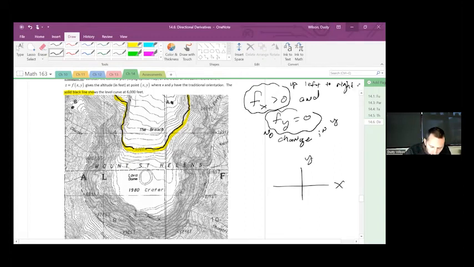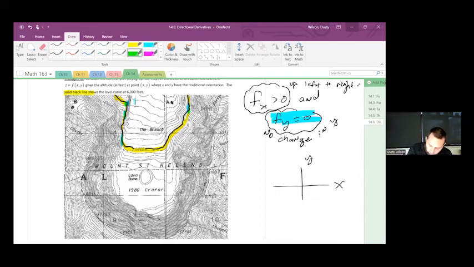Let's start by looking at these points. If we want no change in y, places where it's vertical, maybe over here, and here, and here, and there. Those are all places where the contour line is straight up and down, so there would be no change in the y direction.